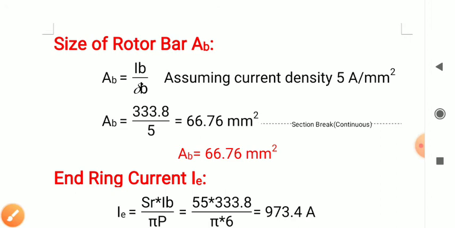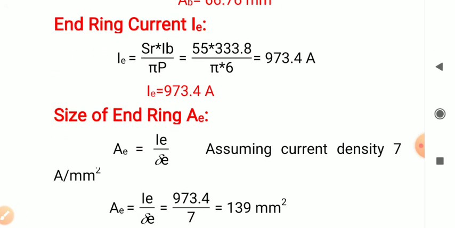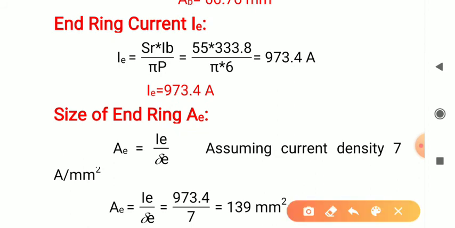Now the next quantity is the current in the end ring, and the expression for the current in the end ring is SR into IB divided by pi into P. In this expression, SR is already given, that is 55. IB we have calculated in the previous steps as 333.8, divided by pi, and the number of poles P is given as 6.